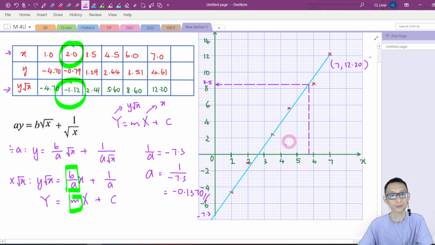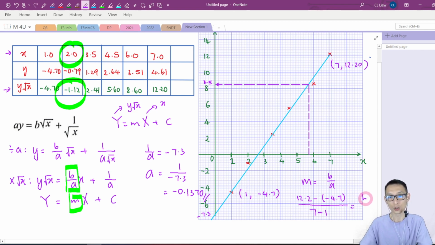And this one, 1, and negative 4.7. I'm going to use these 2 points to help me calculate the gradient. So the gradient here is equal to B over A, right? So 12.2 minus negative 4.7 over 7 minus 1 is equal to B over A.